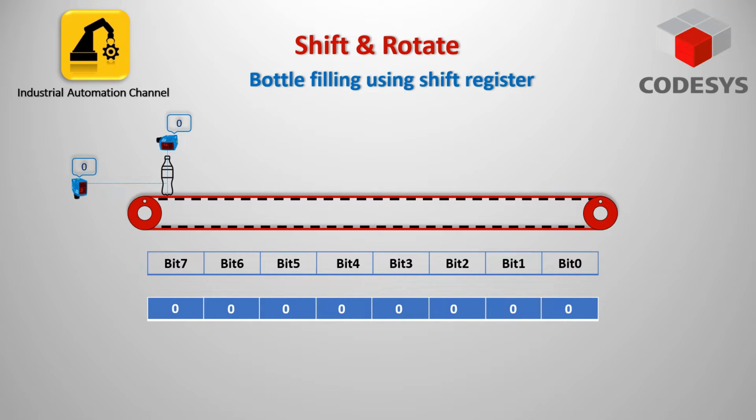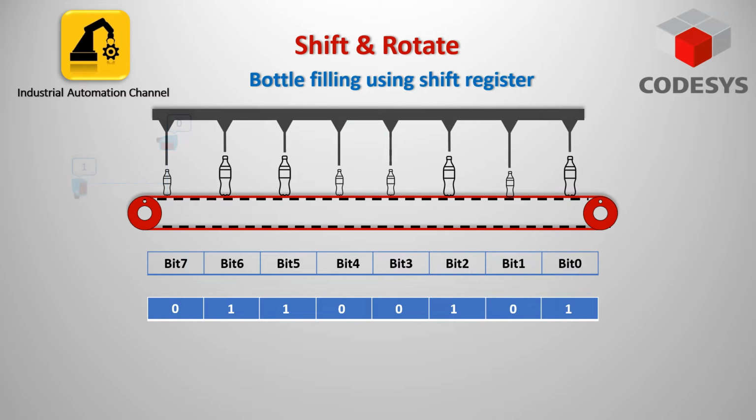The height sensor detects it and gives 1 as the output. With starting the conveyor, bit 1 will be shifted. Next we have a 200 milliliter bottle which gives 0 from the height sensor. Similarly, the data bits in the form of 1 and 0 are entered into the data register and shifted right with each new bottle.